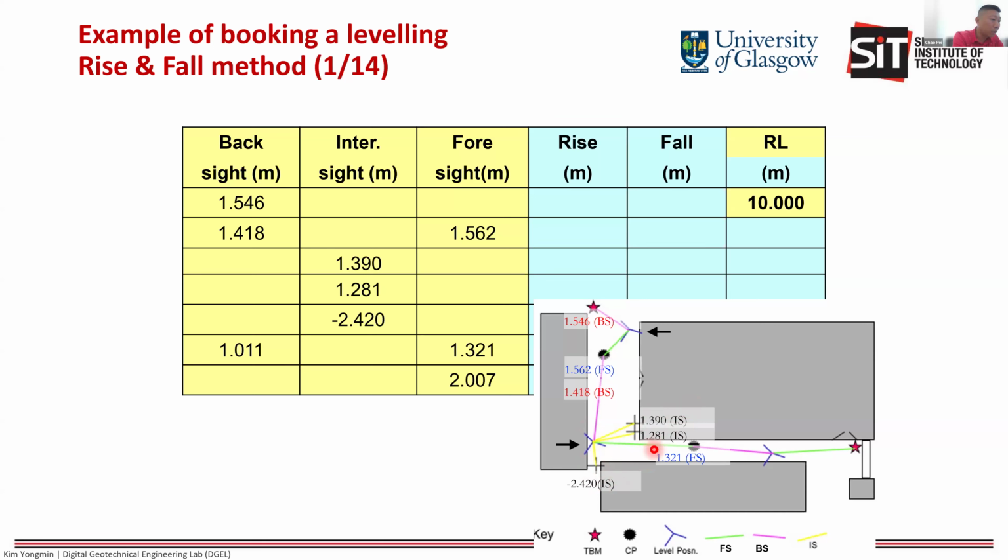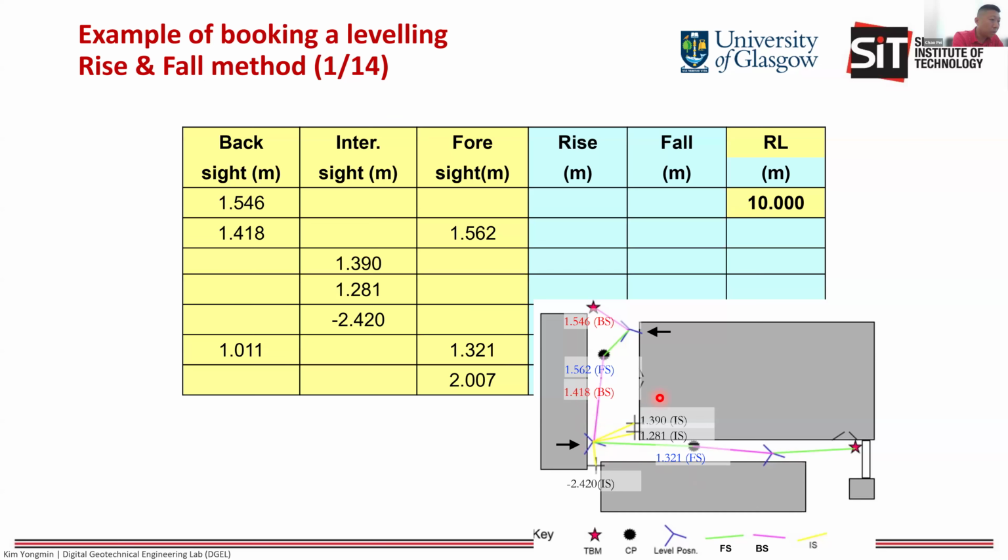After you take the levels, you put the readings in the intermediate sight column, one by one. Then lastly, you read your foresight. Here is another change point, and the reading is 1.321. So you write it down in the foresight column.